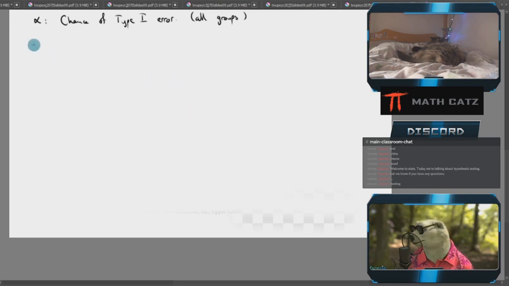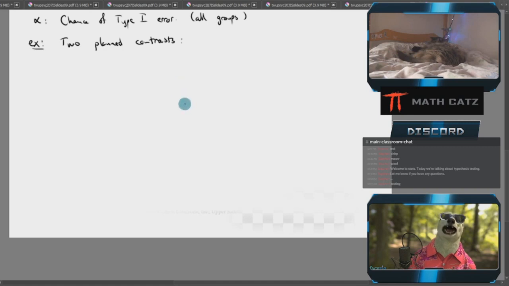The problem is that if I, let's say, have two planned contrasts that I'm checking, I'm testing repeatedly two groups at a time, right?